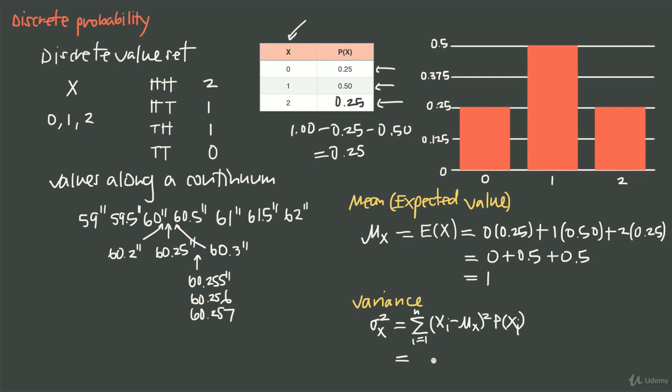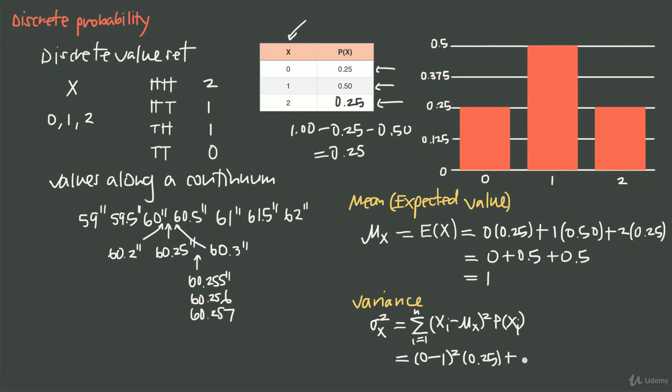All we do is we take the first value that x can take on, which is 0, and we subtract the mean. Well, we already found that the mean or the expected value was 1. So we get 0 minus 1 squared, and then the probability that x takes on the value of 0 is 0.25. So we multiply that by 0.25, and that's all that fancy formula means. We do that for every value that the variable can take on.